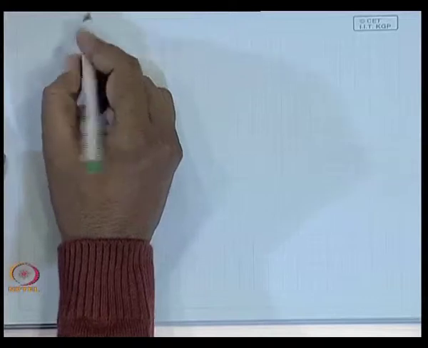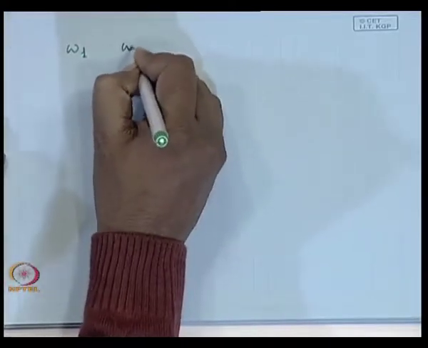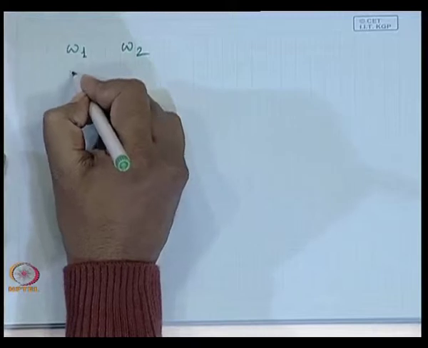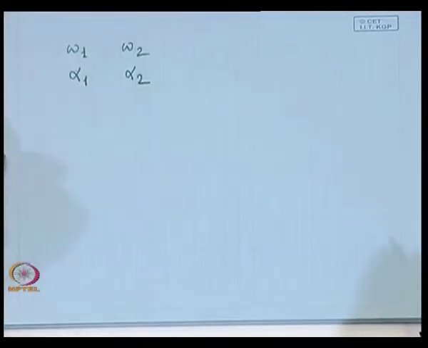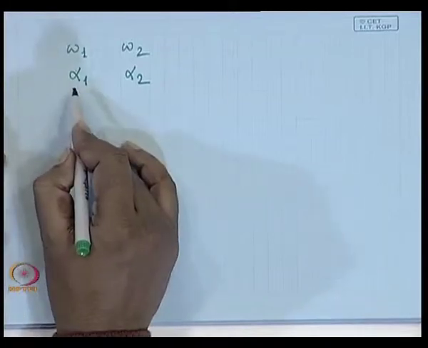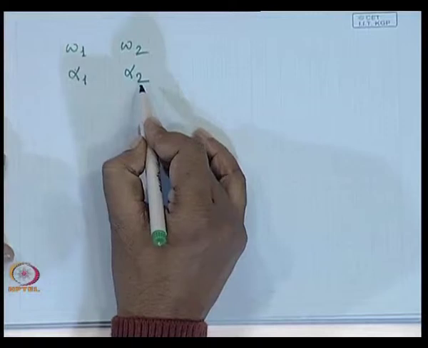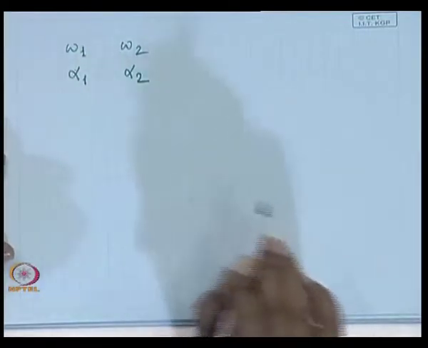So, I have 2 states of nature, omega 1 and omega 2, and also I have actions alpha 1 and alpha 2.